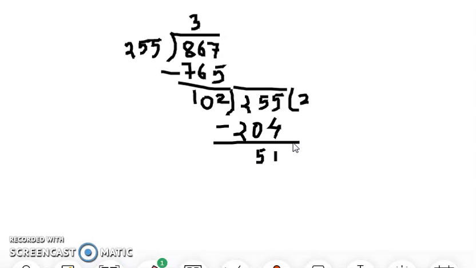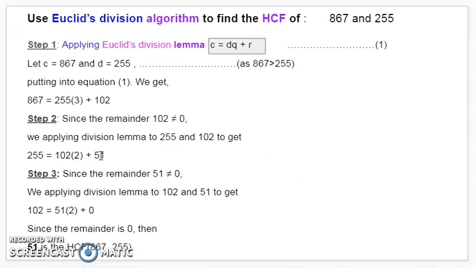We are not getting 0, so when we are not getting remainder 0, we have to again take the remainder as a divisor in the next step. In the second step we are getting remainder 51, which is not equal to 0.